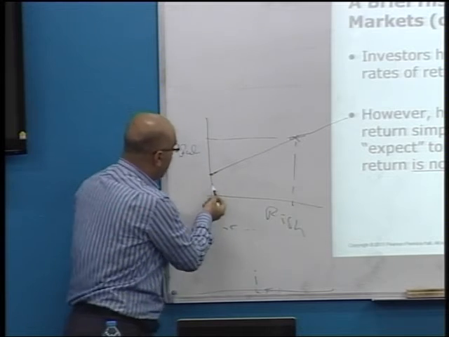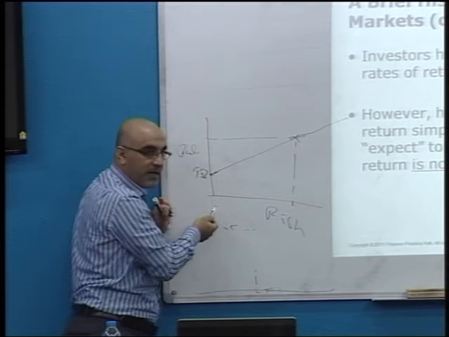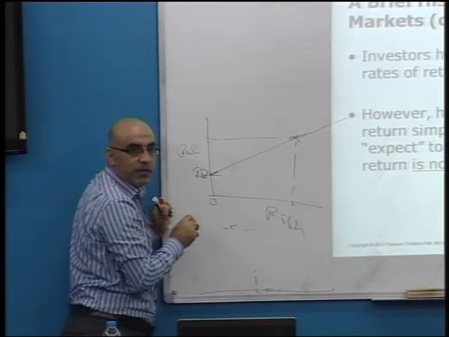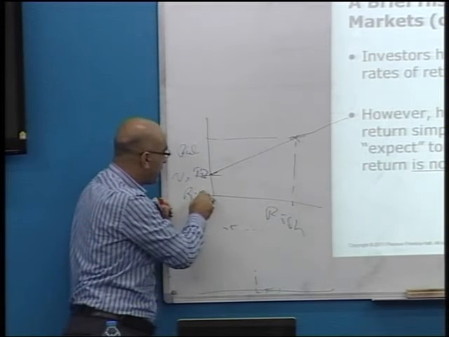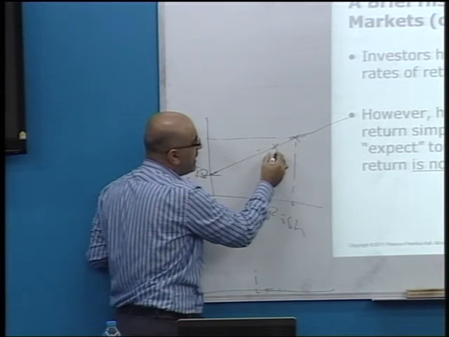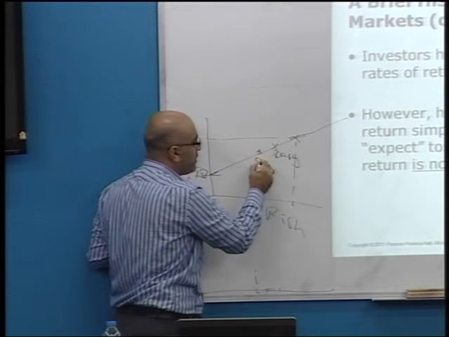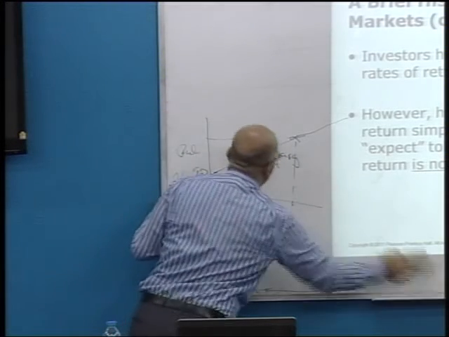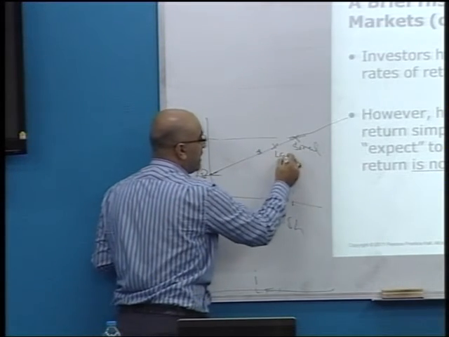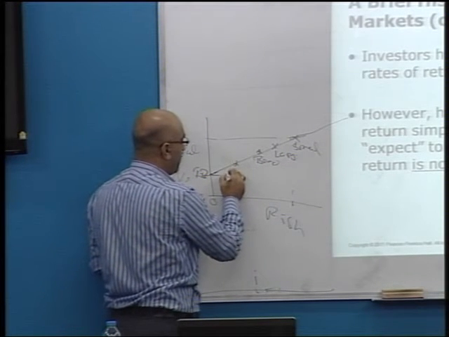And if we look at this, here are the treasury bills. The standard deviation or sigma of this is 0. And the return is this. So there is no risk. If we have here small stock, and here large stock, here we have bonds, and here we have government bonds.